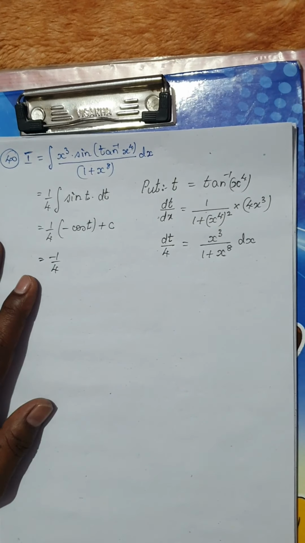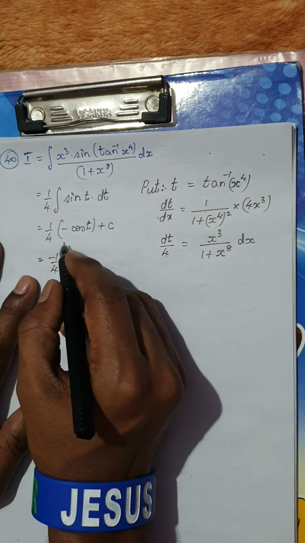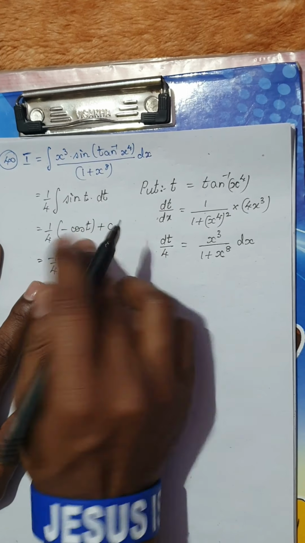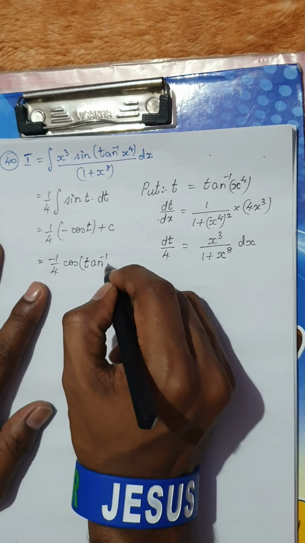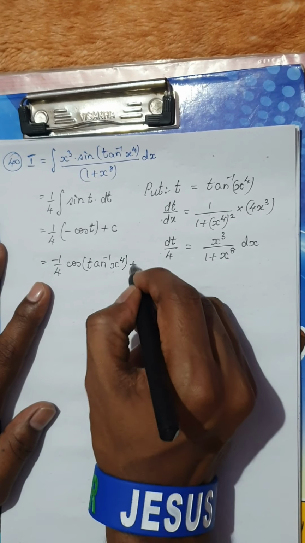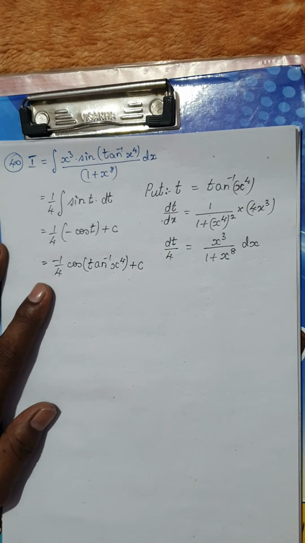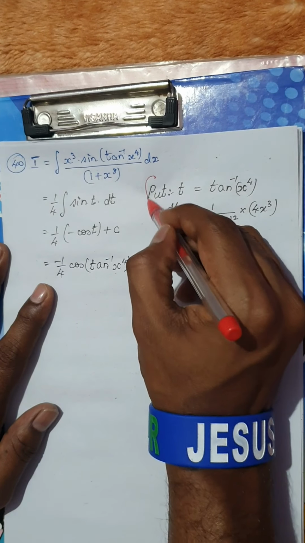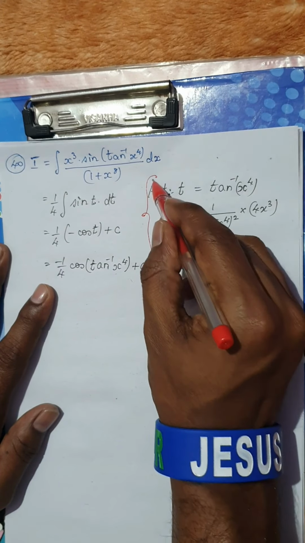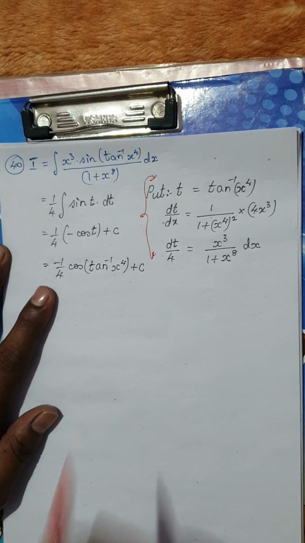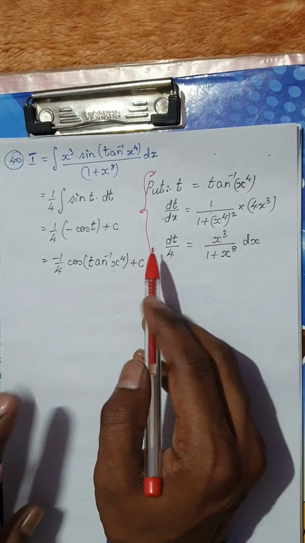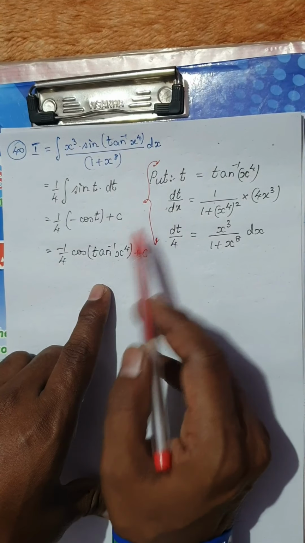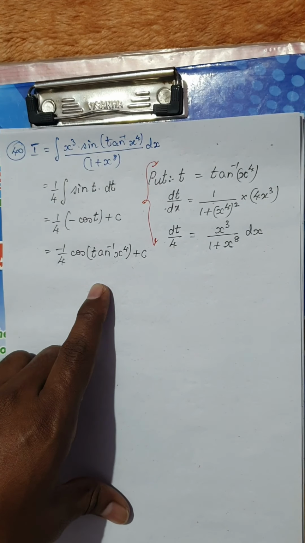So it is minus 1 by 4 into cos of, replace back for t, t is actually tan inverse of x power 4, plus a constant of integration. Remember to keep the substitution part neatly aside, and this would be the final answer for the above integral. Only thing is, if you practice this 1 or 2 times, you can easily get the solution.